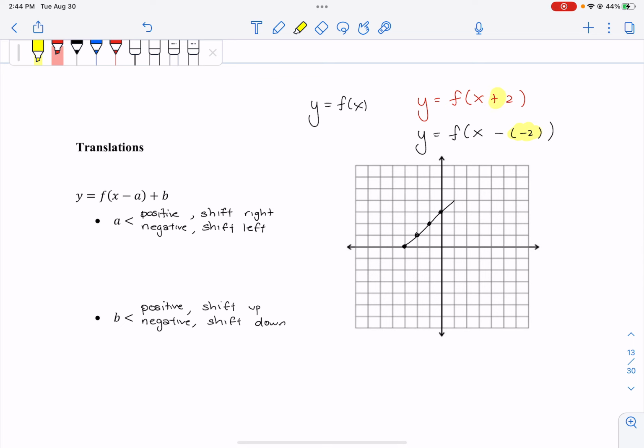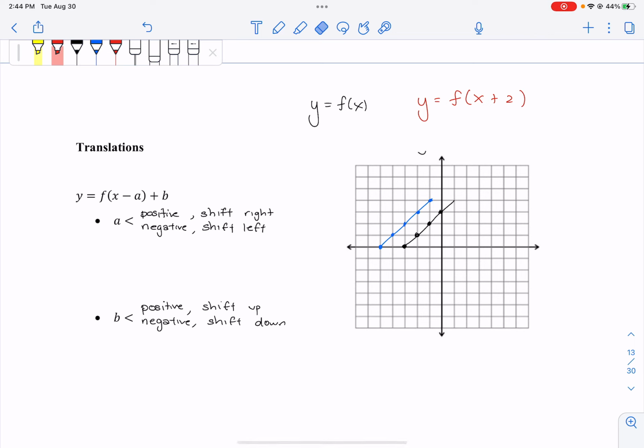Even though it's plus 2, it's technically a negative number. And what that means is you shift to the left, okay, by whatever that absolute value of that number is. Okay. So this and this are the same thing. You're shifting to the left by 2. So every value gets shifted to the left by 2. And there you are. And that's your new function here.